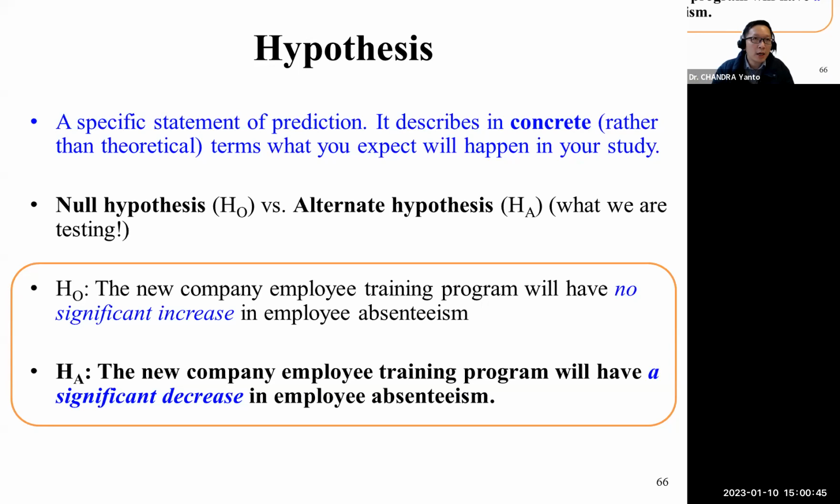And the same thing: if you say that taking this medicine will lead to you being cured from the disease, this is a form of alternate hypothesis, the kind you want to test if you're developing a new drug. The null hypothesis behind it is that there is no relation between this medicine, or this new way of medication, and curing a particular disease. So behind every alternate hypothesis, there is a null hypothesis.